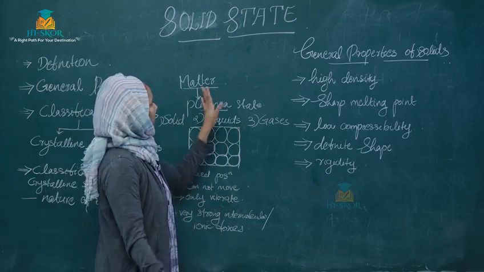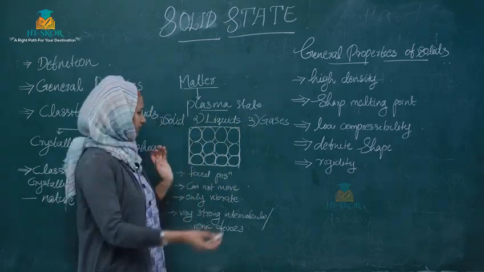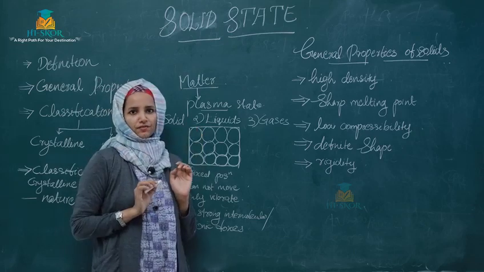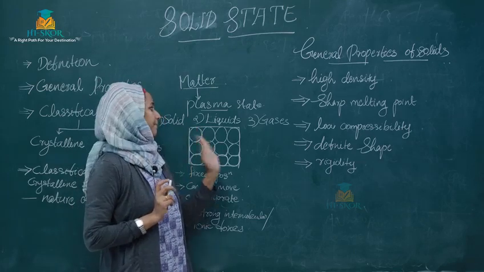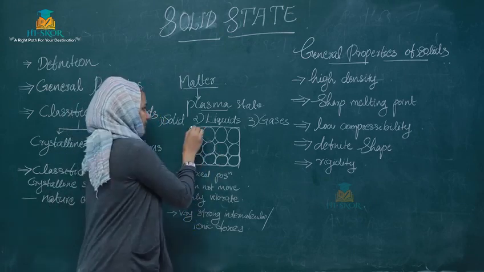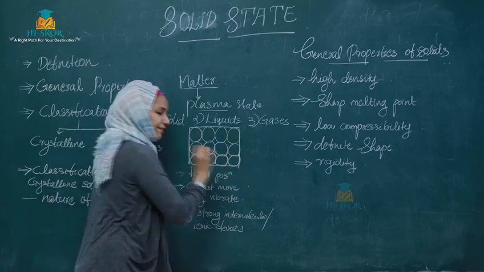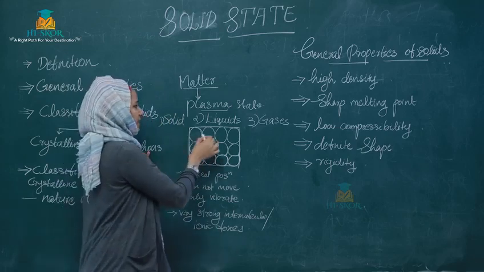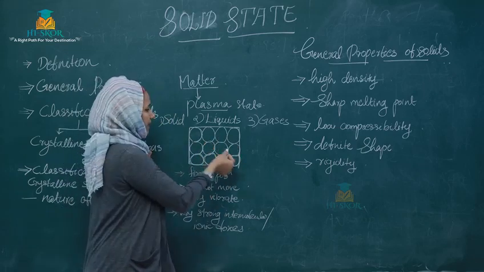So, what is a solid and what is the definition of solid? You can see this structure. In this structure, it consists of different constituent particles. What is the speciality of these particles?